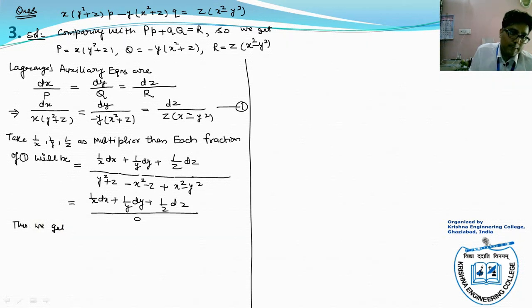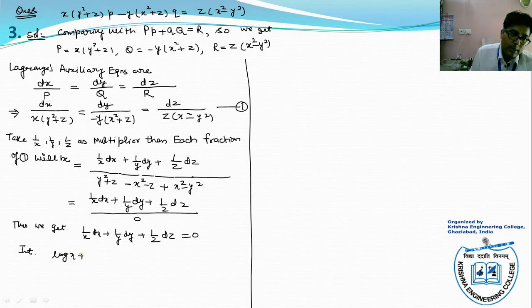Thus we get 1 upon x dx plus 1 upon y dy plus 1 upon z dz is equal to 0. Integrating: integration of 1 upon x dx is equal to log x, right? Integration of 1 upon y dy is equal to log y. Integration of 1 upon z dz is equal to log z, and the constant, let us say log a.